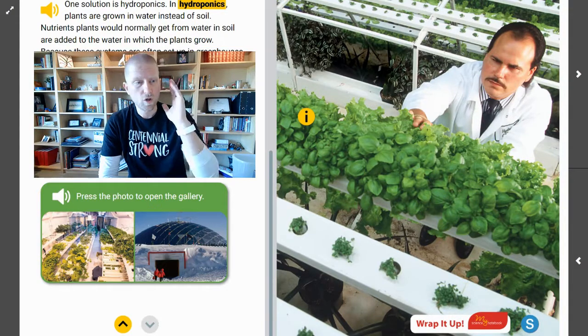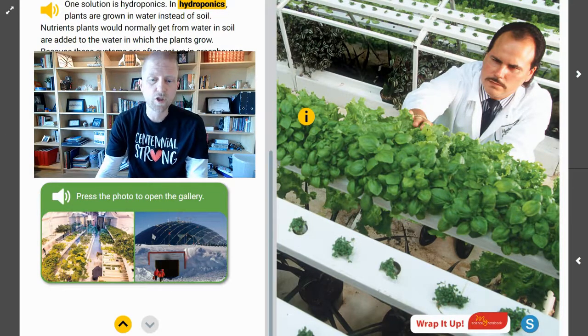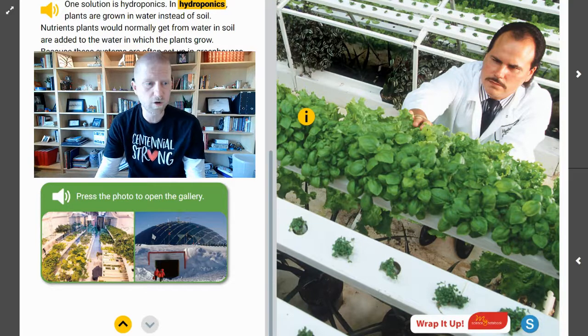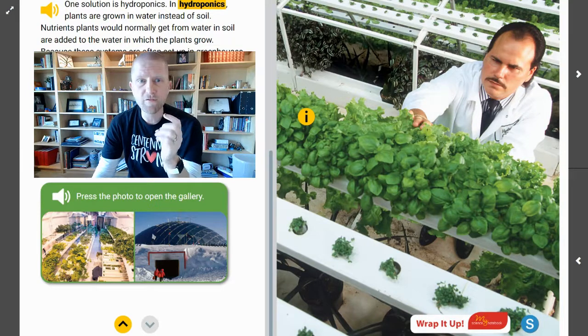So your job today is twofold. Remember, your job is to identify some of the conditions that make it difficult to grow enough food for all the people on Earth.